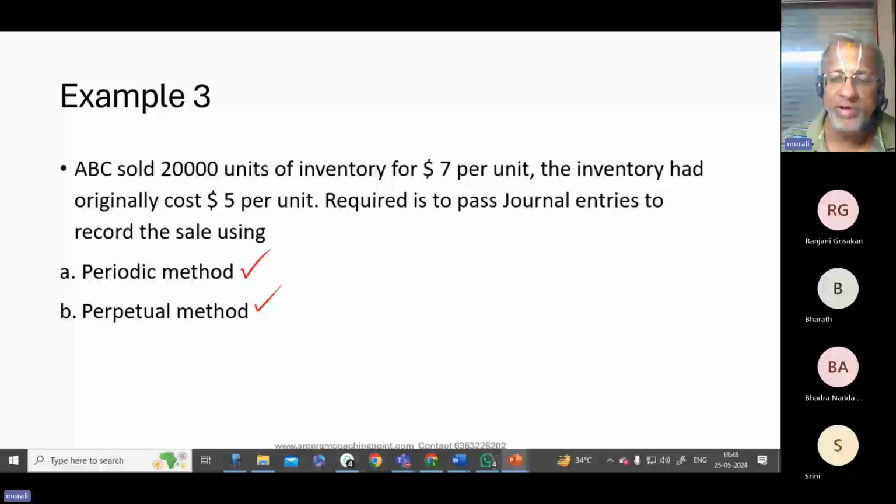Though we may not really know the difference between the periodic method and the perpetual method, at some point you've got to make an intelligent guess and bring out the discussion. After all, it is our class. We can take things for discussion. Okay, come on. What do you understand by the periodic method and the other one being the perpetual method?